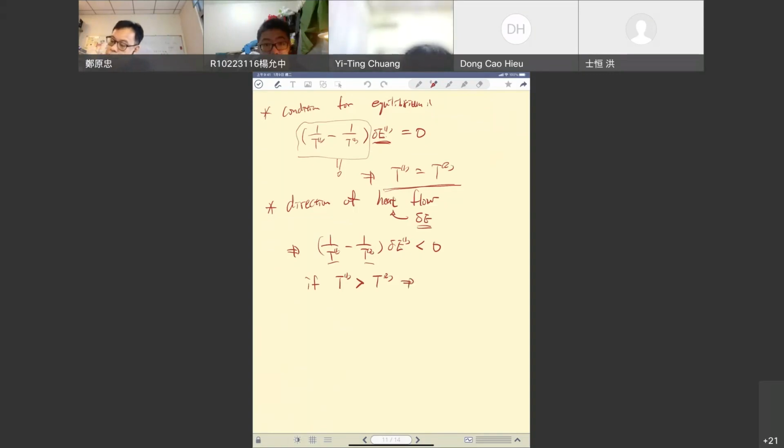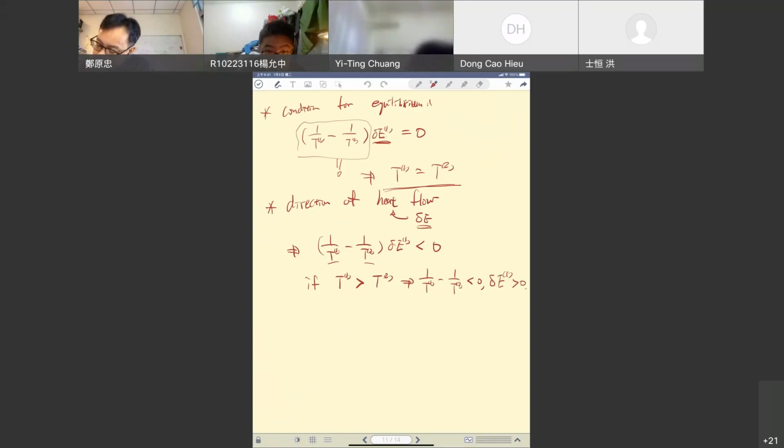if this is true, then this part is negative. So I will do it slowly. T1, T2, negative. Then delta E is positive, just from this inequality.